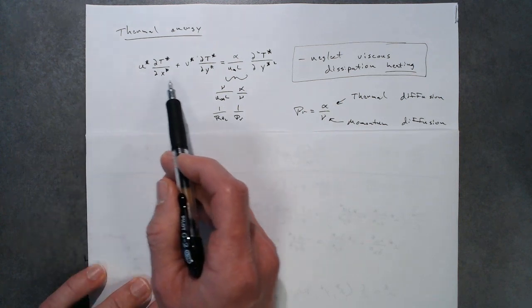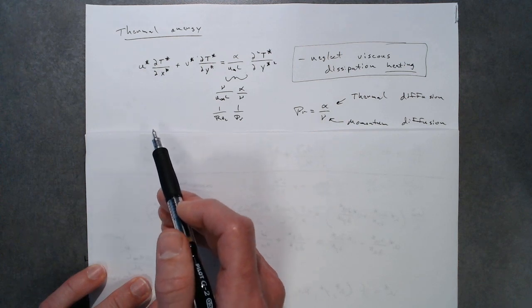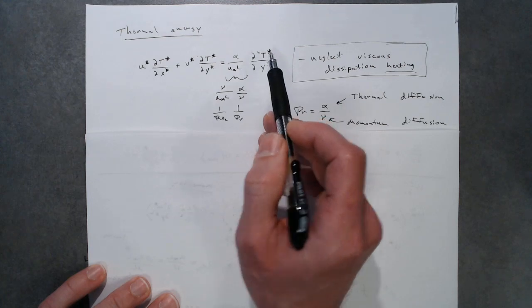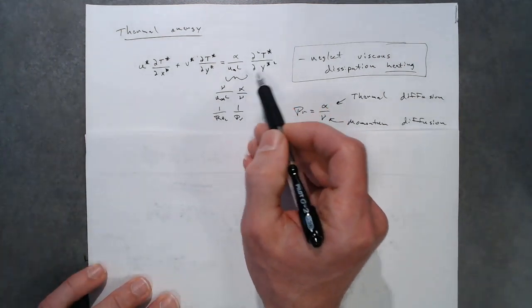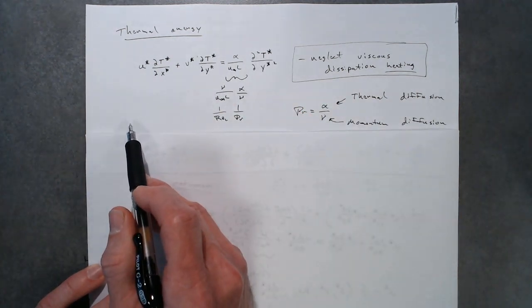Now again, we're considering a laminar boundary layer for steady flow at steady state conditions, and so this rate of diffusion has to balance the rate of advection.